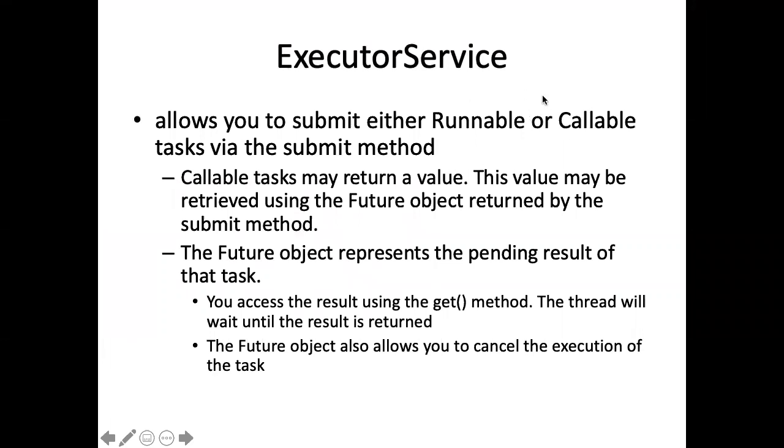They are executed using the submit method, whereas the so-called void methods that use Runnable would be submitted using execute. The callables generate these future objects, which you can use to retrieve the value. It turns out you can also cancel execution of a future task. It has a method for doing that.